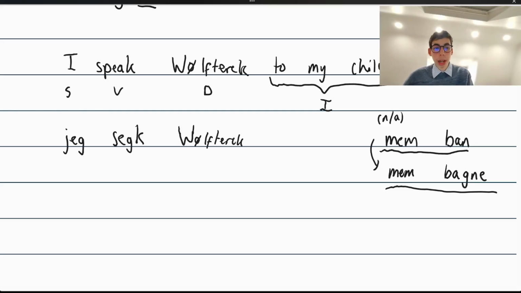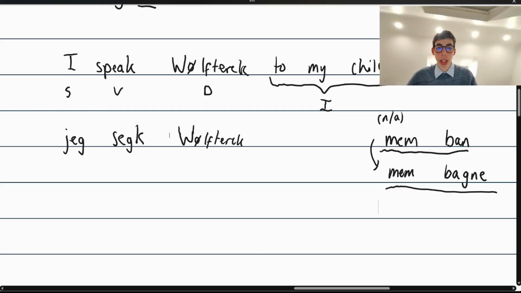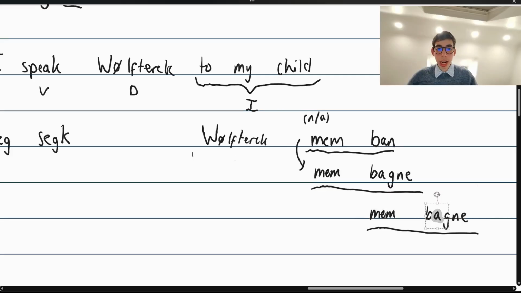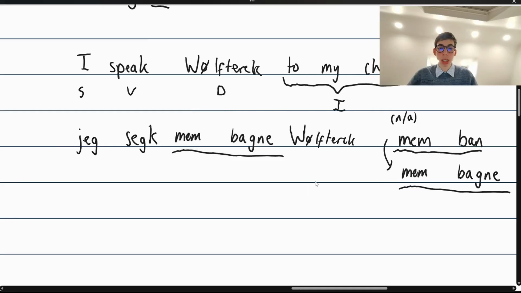So, I'm now going to introduce this into the sentence, and I'm going to do this lazily, moving things around, not writing them again. And I can just slot this in here. And this means I speak Wølfterek to my child.